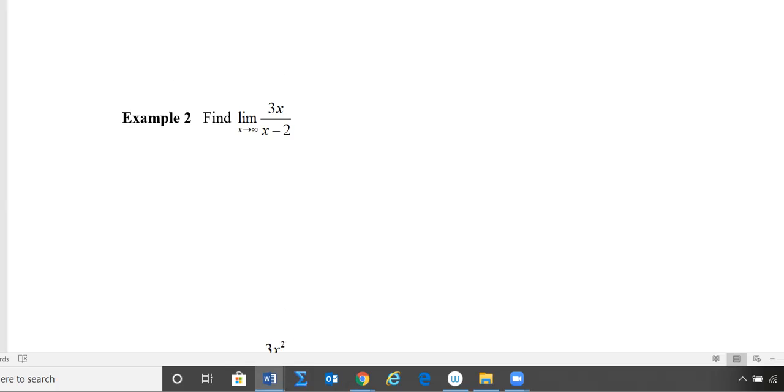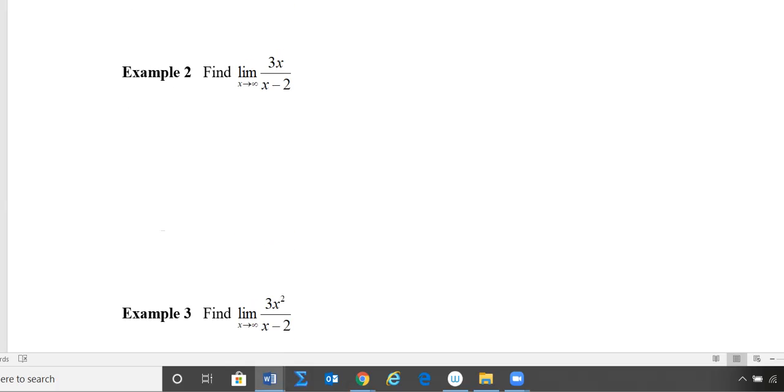Now the next one, I have a little bit of an issue here because this is not the form 1 over x to the r. So what we can do is a little bit of division. What we're seeing is this numerator is heading to infinity, and so is the denominator.